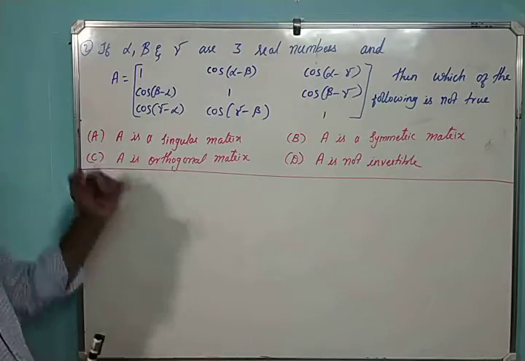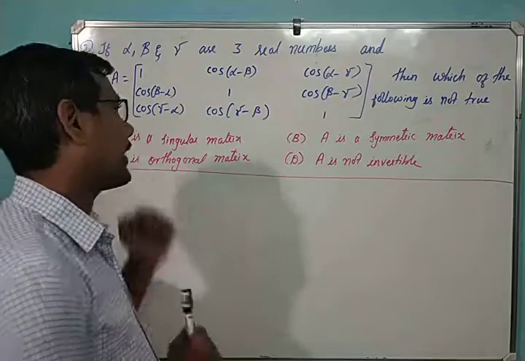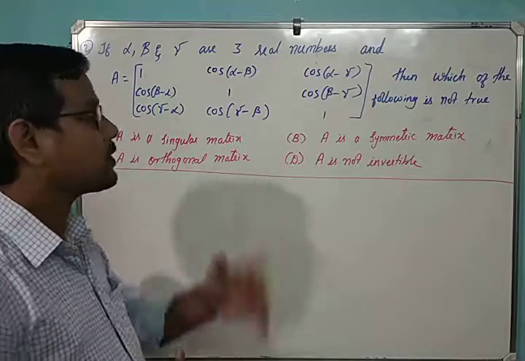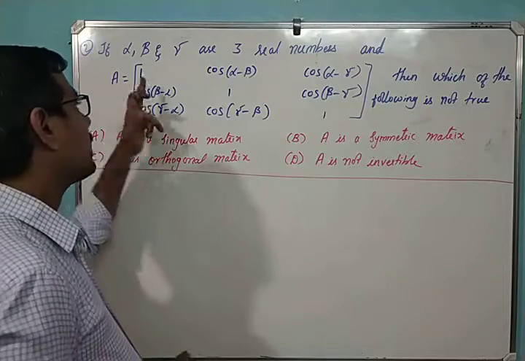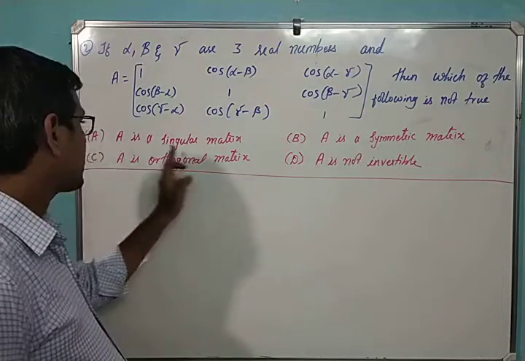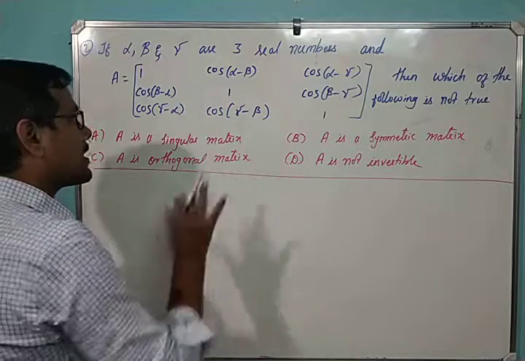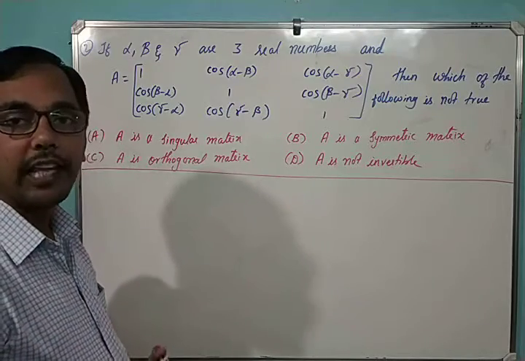Coming to this question, alpha, beta and gamma are three real numbers, A is a given matrix, then out of which is not true. First one, a singular matrix, they are saying. By seeing this, some of the options can be identified.